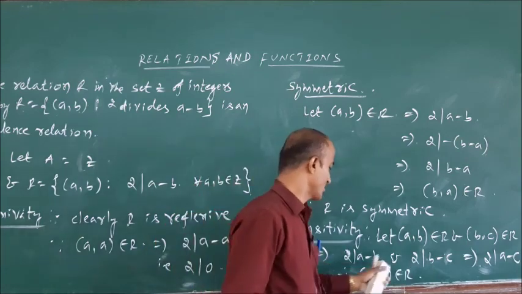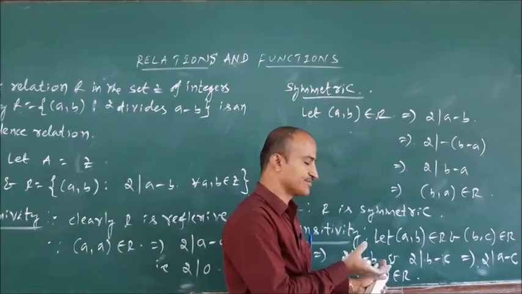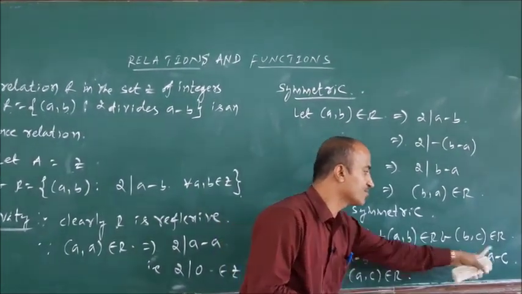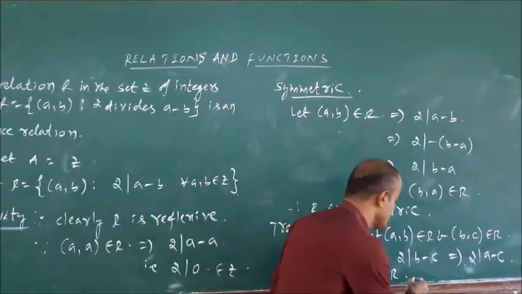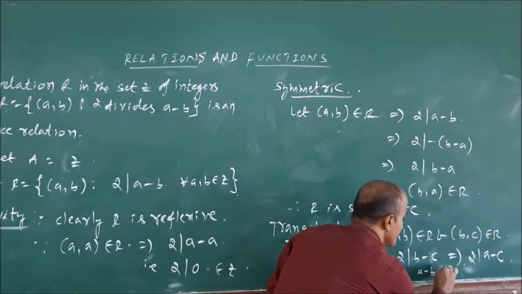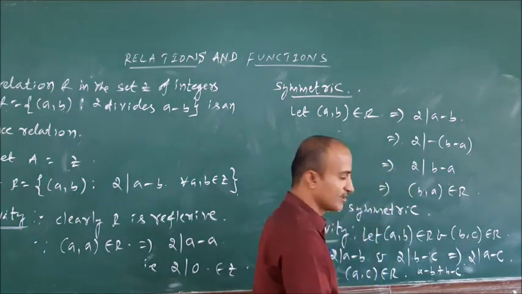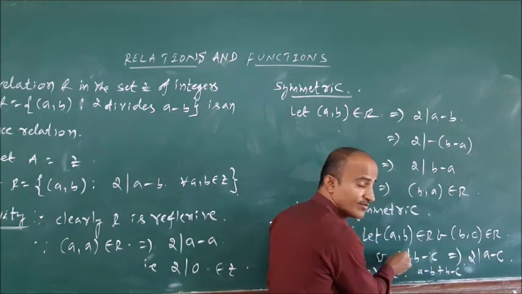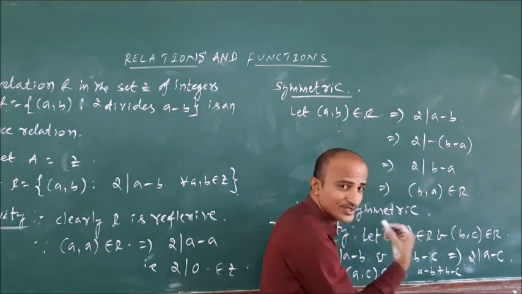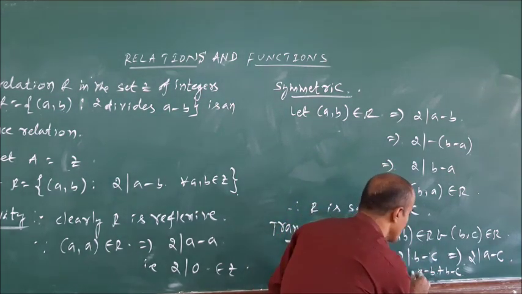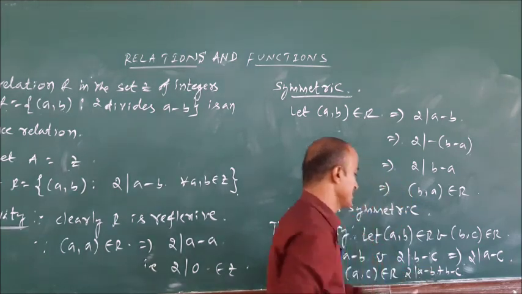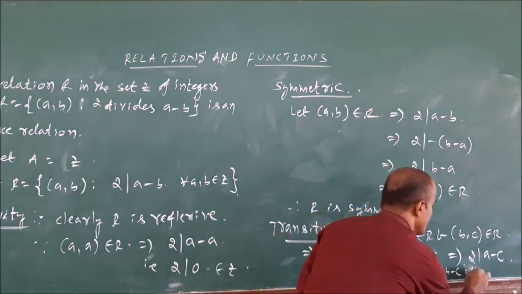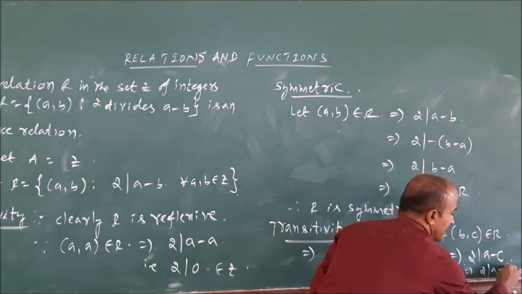Now you can ask, how, when 2 divides a minus b and 2 divides b minus c, does it imply 2 divides a minus c? You just take a minus b plus b minus c. Whenever a minus b is divisible by 2 and b minus c is divisible by 2, obviously their sum is also divisible by 2. So 2 divides (a minus b) plus (b minus c), that is, 2 divides a minus c.